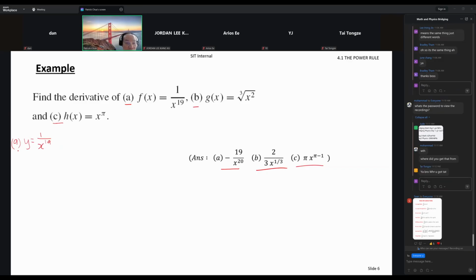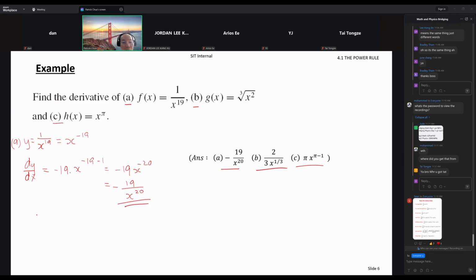So y is equal to 1 over x to the power of 19, which is equal to, using what you have learned earlier on the exponential functions, x to the power of minus 19. When you bring it up to the numerator, it's minus. Okay, so now it's in the power form. Then you differentiate, and then this can be rearranged to minus 19, and now bring the x below to the denominator, x to the power of 20. Okay, there.